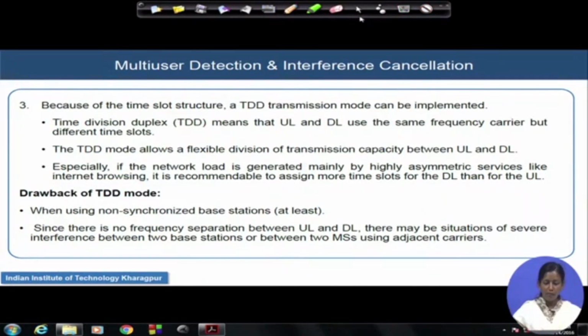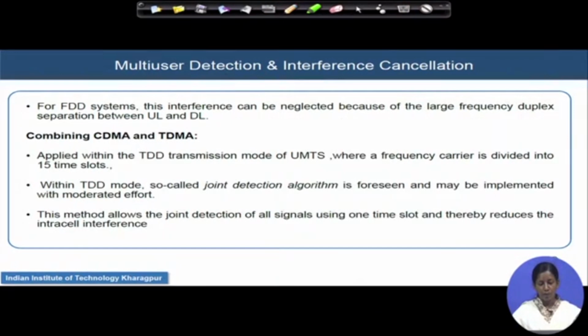So, a high level of synchronization is expected between the base stations in this situation. For the FDD system this can be neglected, because the uplink and downlink are completely on two different frequencies dedicated for them.